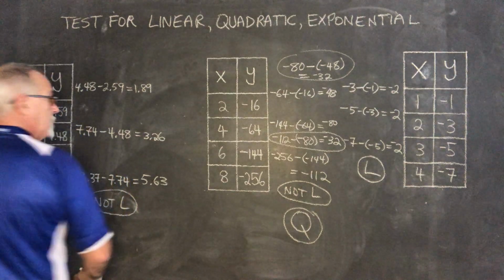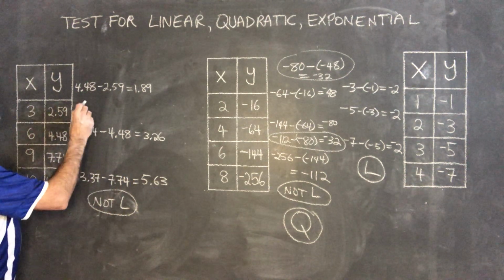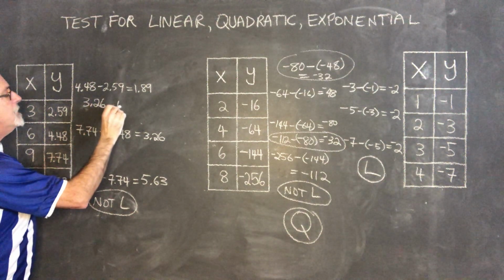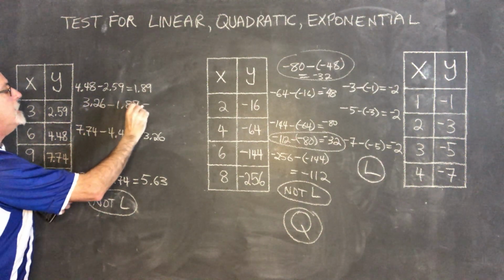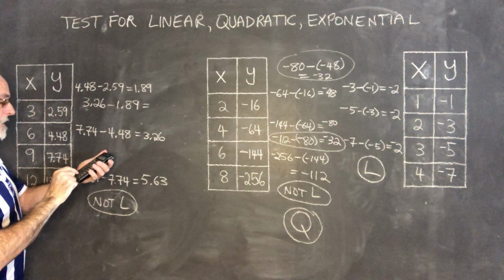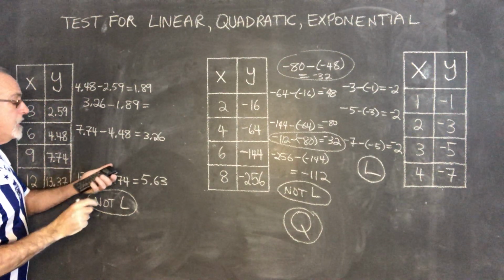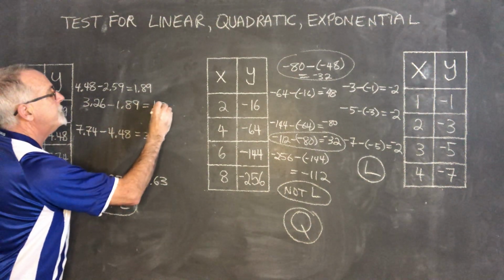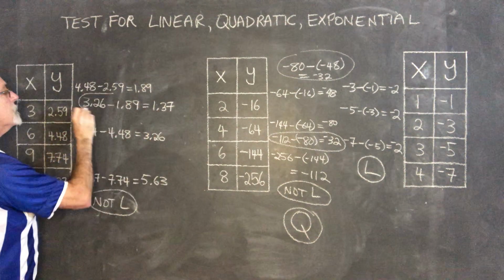I'm going to have to step way over here in order to do the calculations. So 3.26 minus 1.89 equals 1.37. I'll circle that.